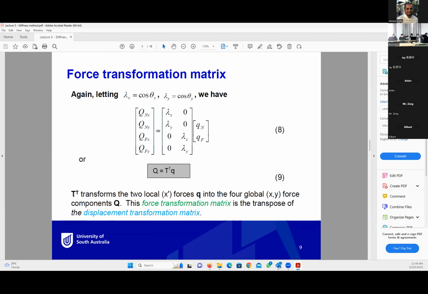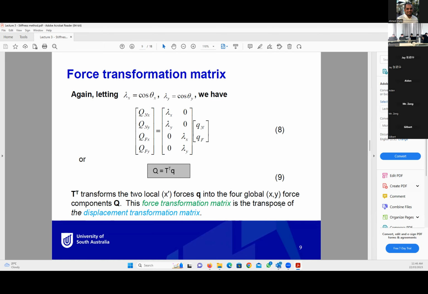So T transpose transforms the two local forces Q small into the four global forces Q capital. This is called the force transformation matrix, and it is the transpose of the displacement transformation matrix.